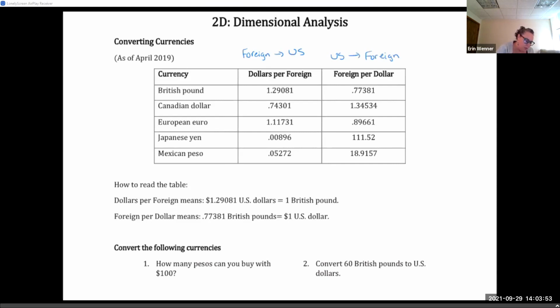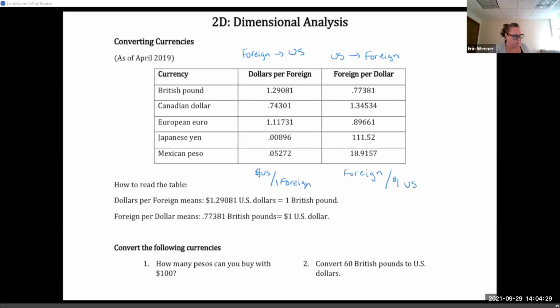Again, dollars per foreign is going to be the US money for one foreign. Versus foreign per dollar, you've got your foreign money to $1 US.